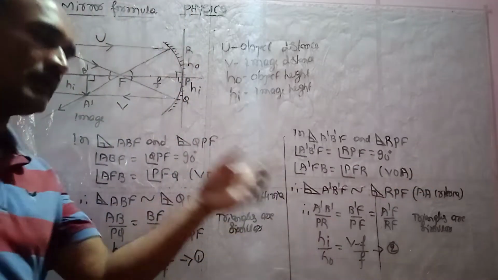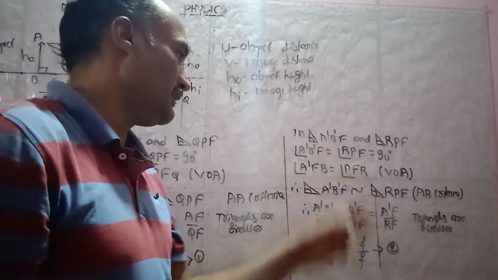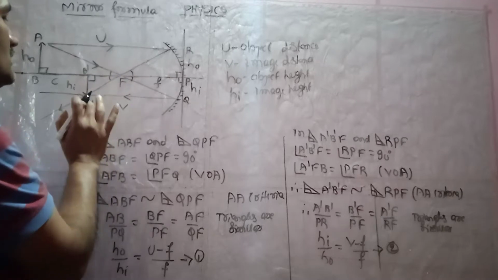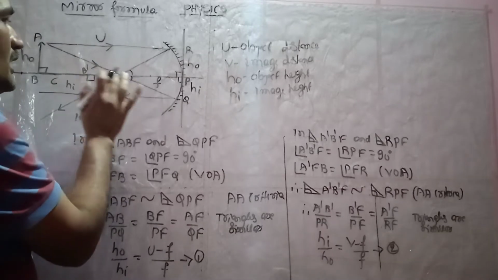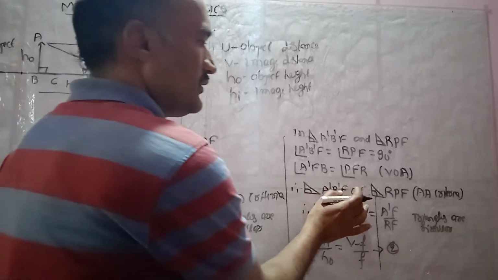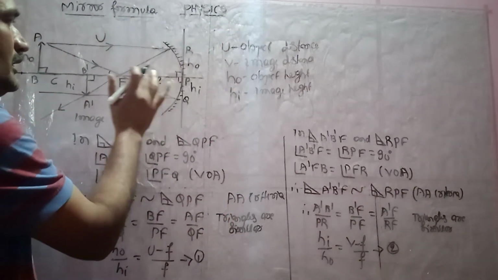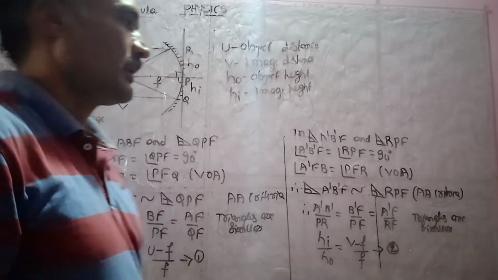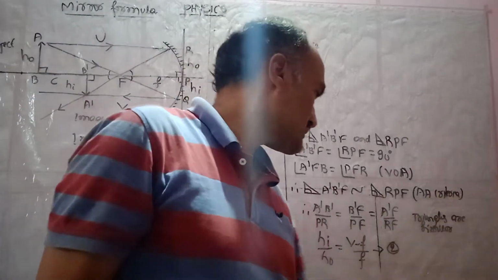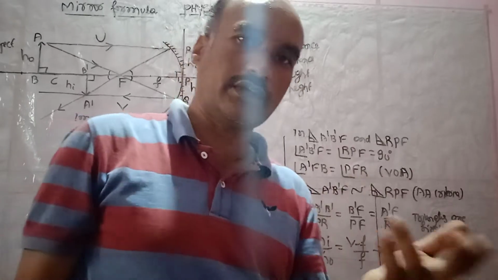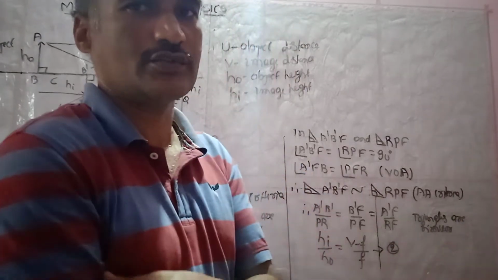So on the angle basis, these two triangles are similar: triangle A dash B dash F is similar to right angle triangle RPF. When two triangles are similar, their corresponding sides are in the same ratio or in proportion.